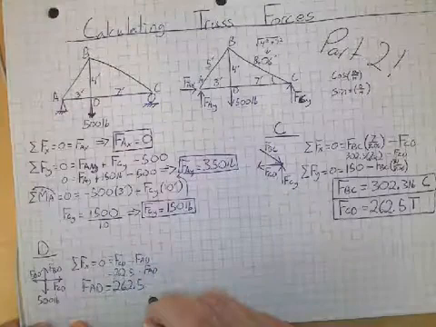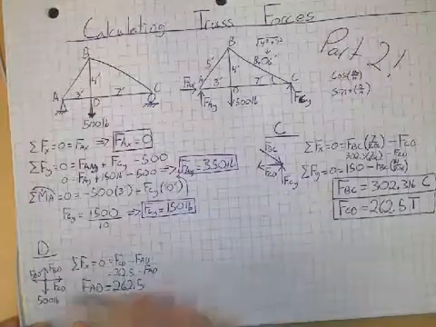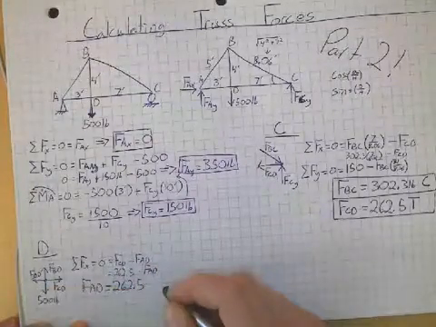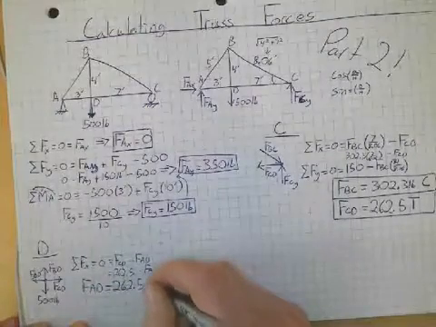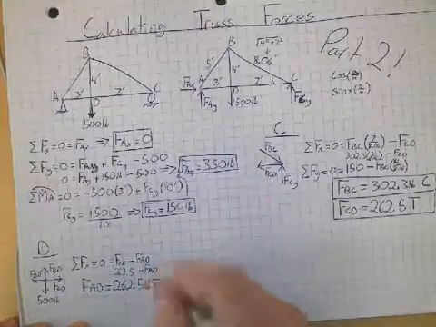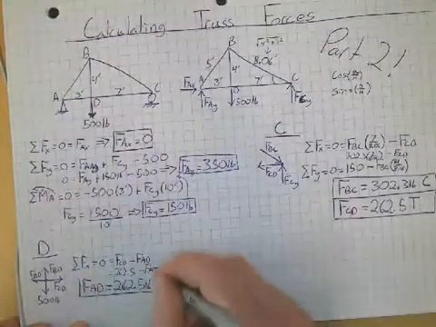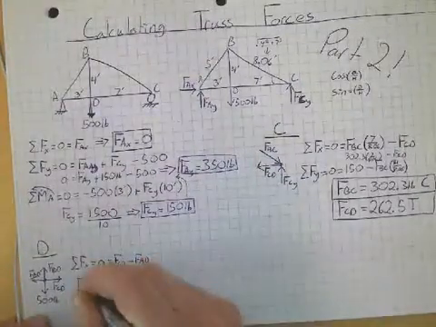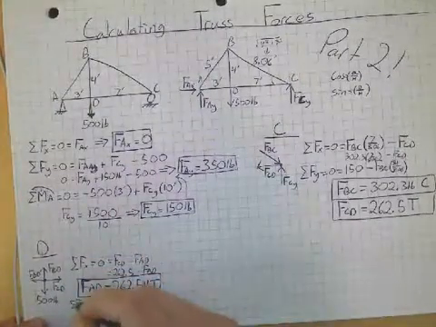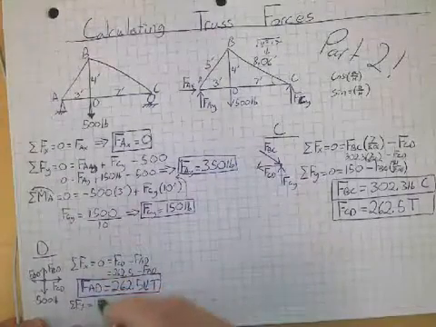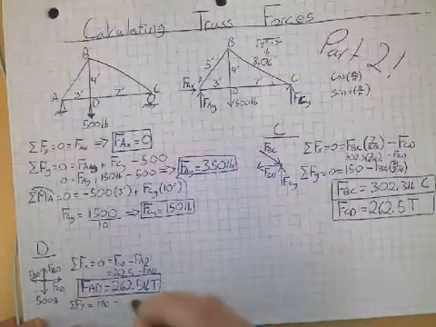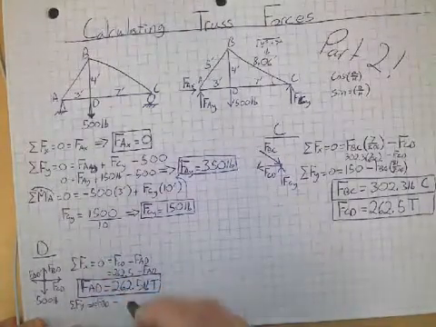And because that's acting away from the joint, I know that that is in tension. My other one, so my forces in Y, would be FBD minus 500.